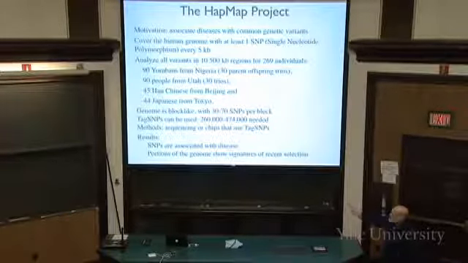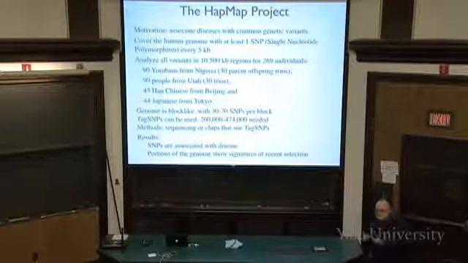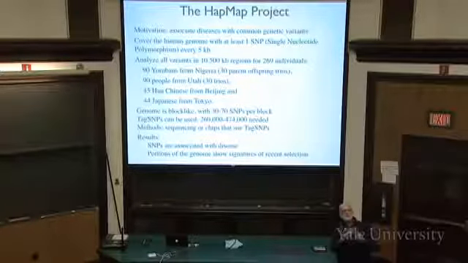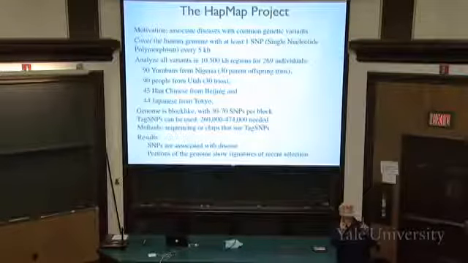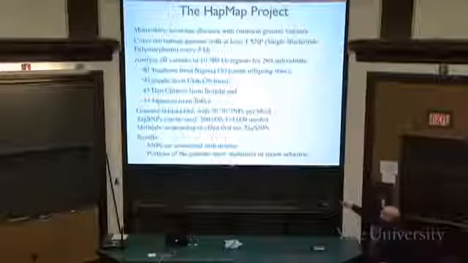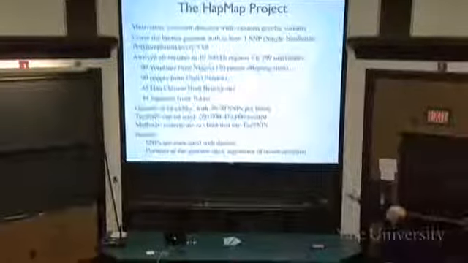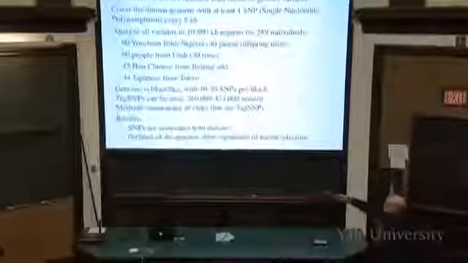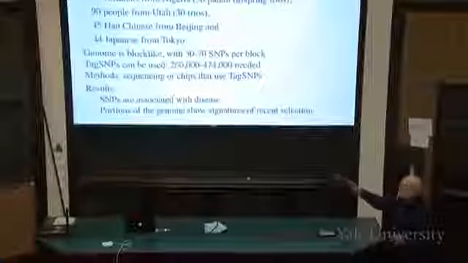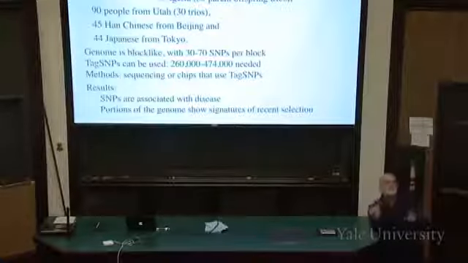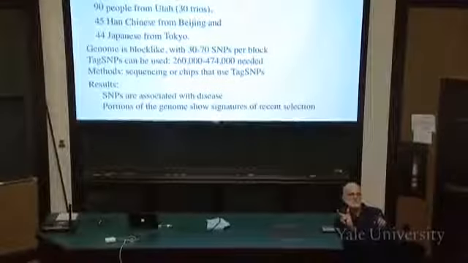Within each rarely recombining section of DNA, there are about 30 to 70 single nucleotide polymorphisms. And that means that you could design a gene chip just to pick up enough of these to tag a person as having that particular block of DNA, okay?